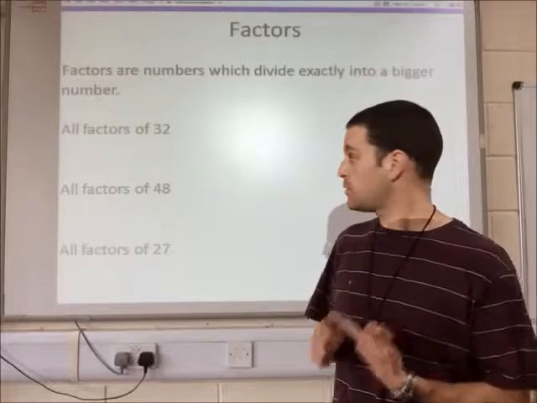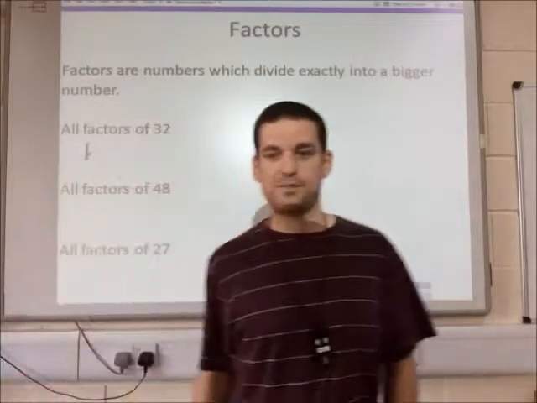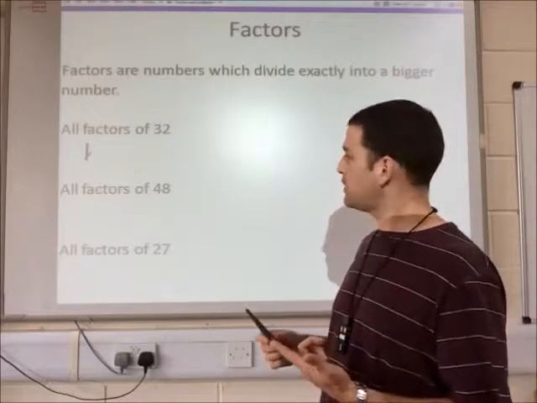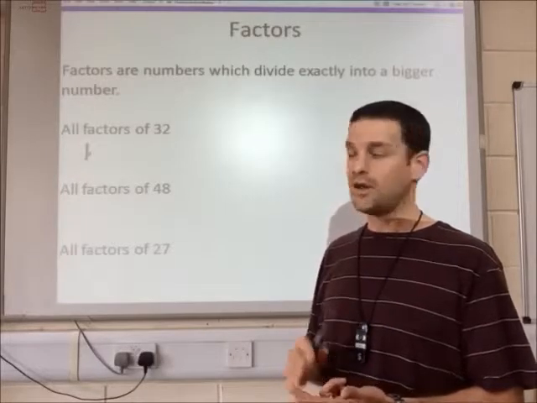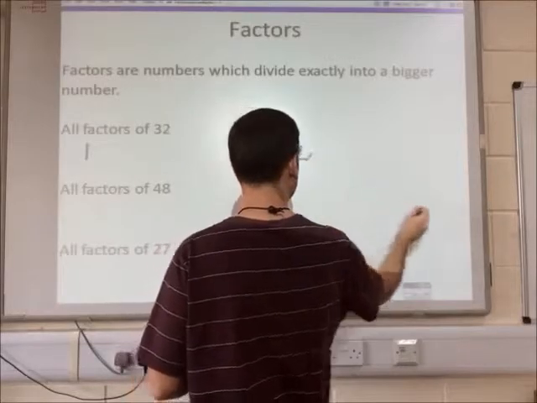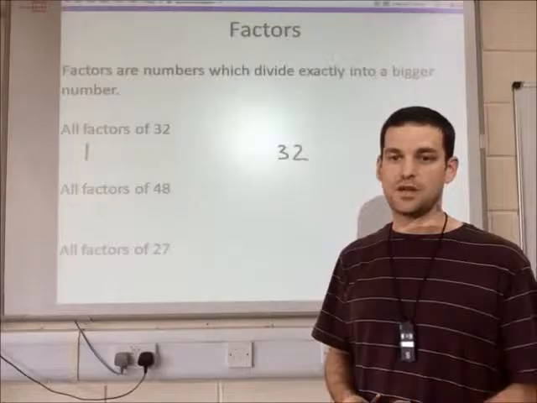So you can always start with 1. 1 is basically a factor of any whole number, and I can now figure out that if I want to do 32, I can write that as 1 times 32. So I know that 1 and 32 are both factors.